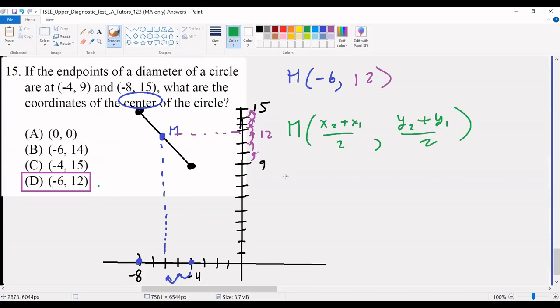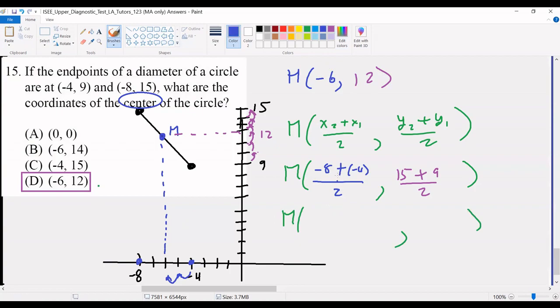So in this case, we're going to try to find our midpoint values again. We have -8 plus -4, divided by 2. And for our y values, to stay consistent, we have 15 plus 9 divided by 2.